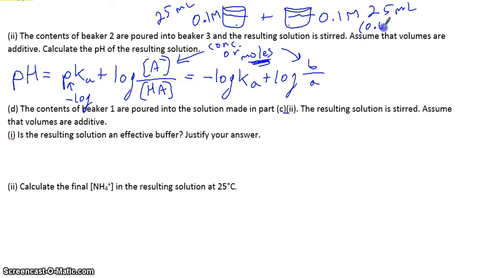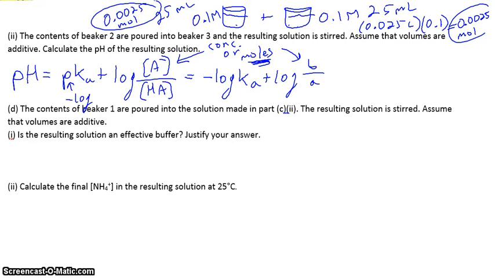So we have 0.025 liters times 0.1, which gives you 0.0025. So we actually have 0.0025 moles each of the conjugate and 0.0025 moles of the original base, which means our base over acid. Now your base is your NH3. So NH3 is your base, and NH4 plus is your acid.